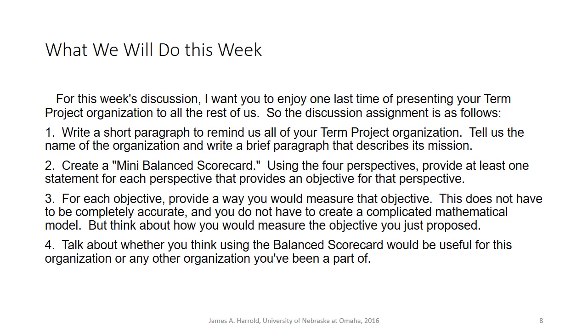It doesn't have to be completely thorough. You can sort of make up a hypothetical way you would measure that objective. It doesn't have to be a complicated mathematical model, but think about how you would measure the objective as either a quantitative or a qualitative measure of how you would show success in that objective.